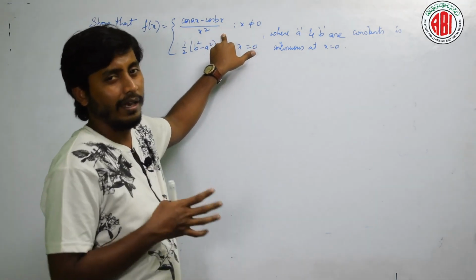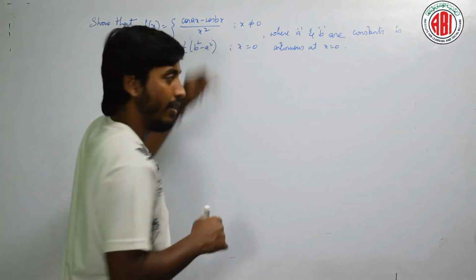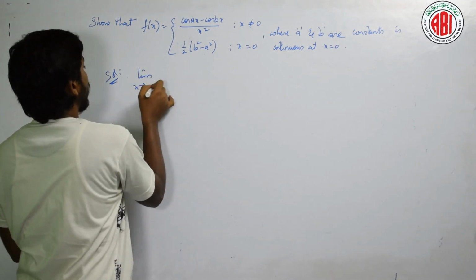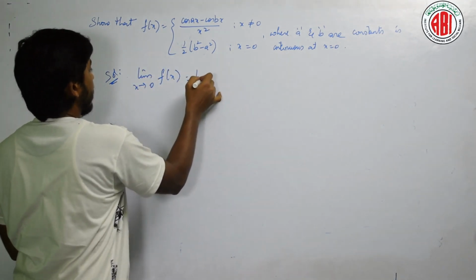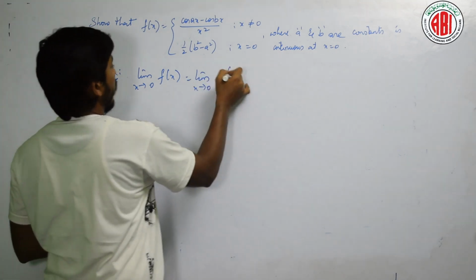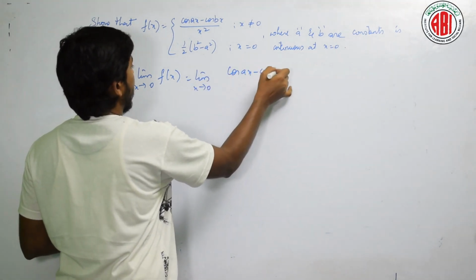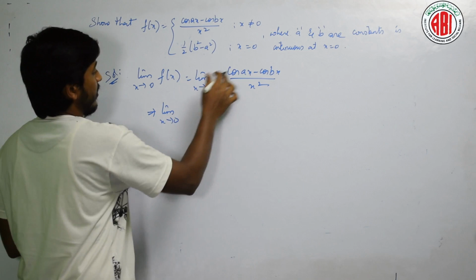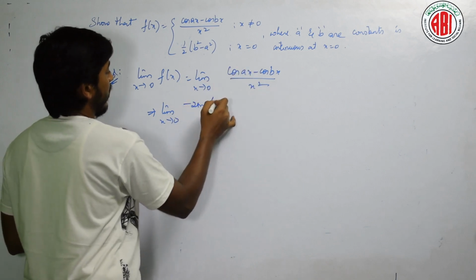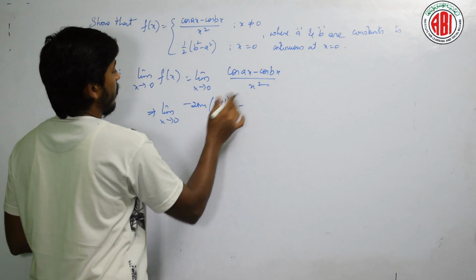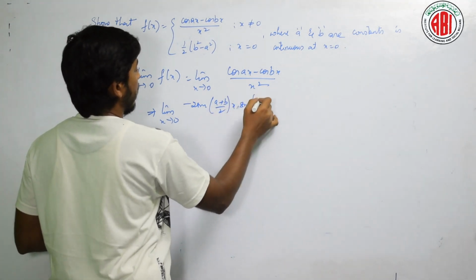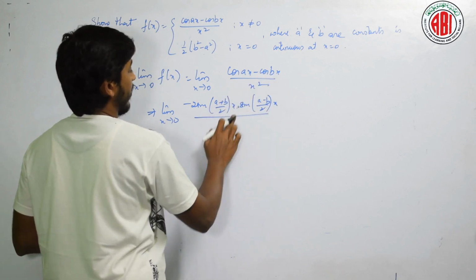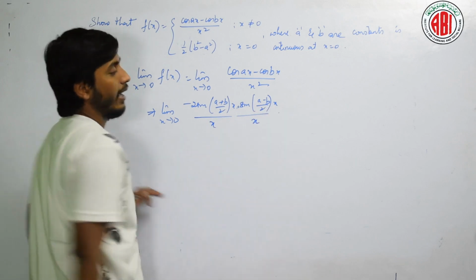So, I will do it a little bit faster as compared to before. Just check it here: limit x tends to 0 of f of x is limit x tends to 0 of cos ax minus cos bx by x square. How did we solve cos c minus cos d? Minus 2 sin of c plus d by 2 into sin of c minus d by 2, divided by x square. Therefore, let us write it as x and x.